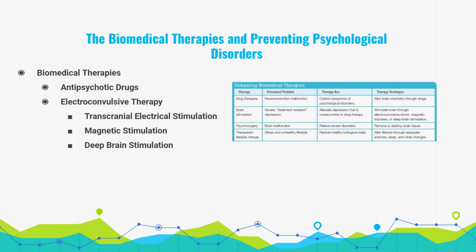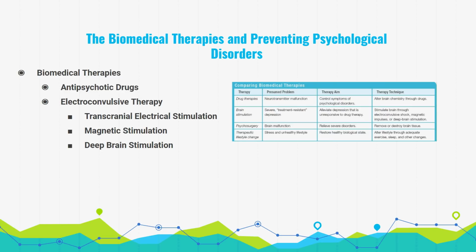Now, part of this is antipsychotic drugs, which help treat schizophrenia and other thought disorders by reducing their hallucinations and paranoia. We also have anti-anxiety drugs that are used to control anxiety and agitation, and antidepressant drugs that do just that, treat depression, anxiety disorders, and OCD.